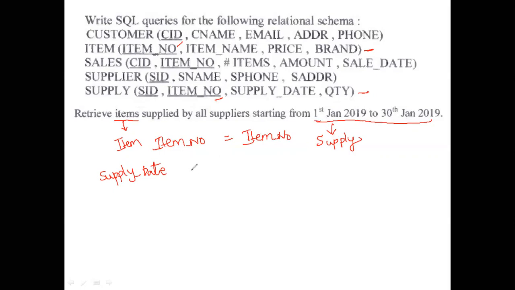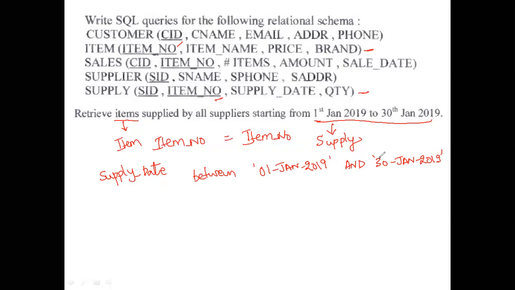So supply date is between 1st Jan 2019 and 30th Jan 2019, like this. So this completes the query. So how many tables are required? Only two tables, item and supply table.